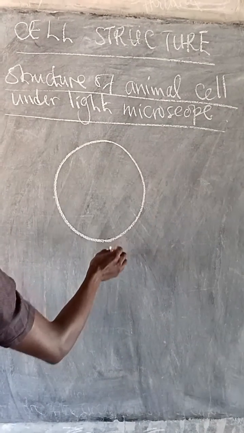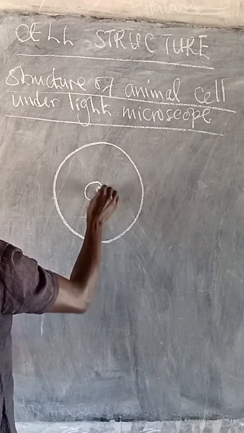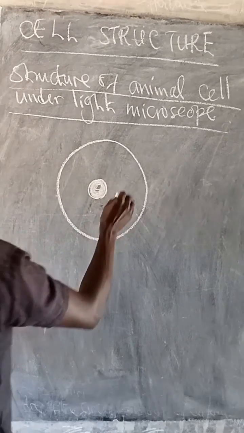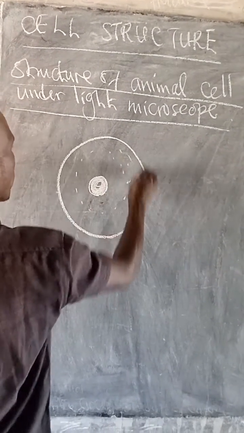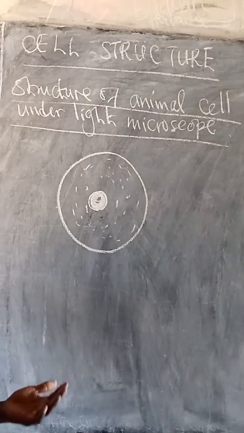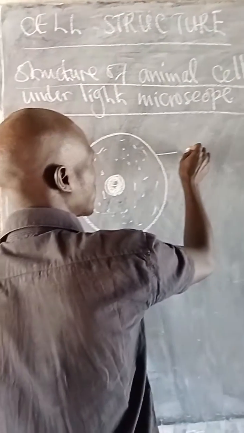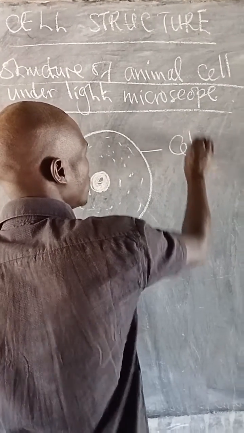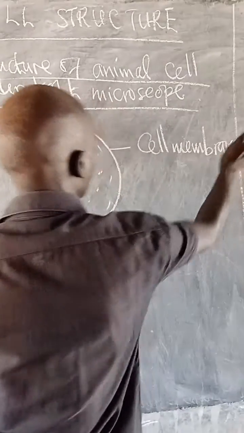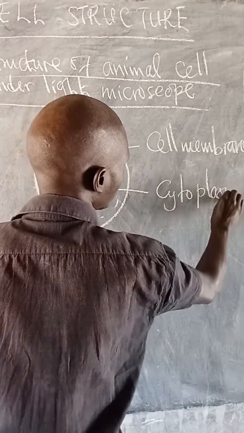So we shall have our cell membrane. Cell membrane can be seen. Then we have the nucleus of the cell. Then the cytoplasm of the cell. So it means when we look at an animal cell under light microscope, these are the parts or structures that we can see. One, we shall see cell membrane. Then we shall see cytoplasm of the cell.